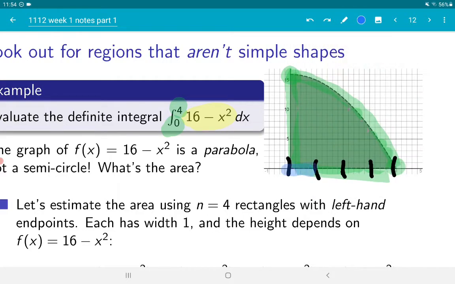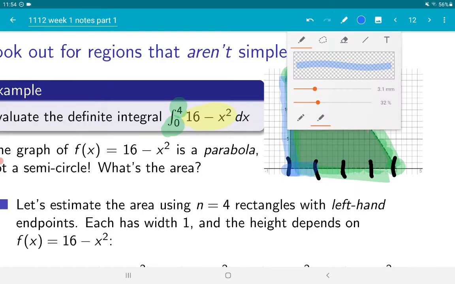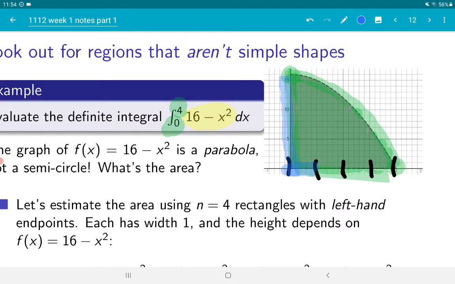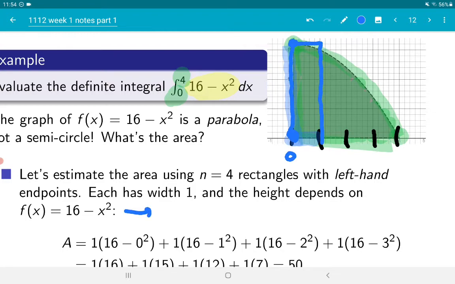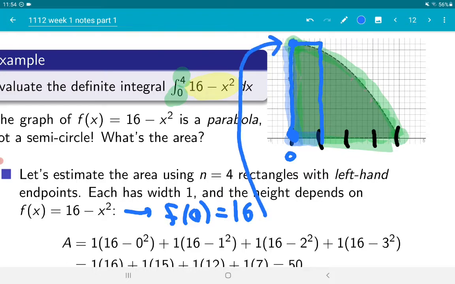So for the first rectangle from 0 to 1, I'm going to base the height on how tall the function is at the left-hand side, which is where x is 0. And that's going to be at a height of 16. Why is that? Well, when f is 16 minus x squared, f of 0 is 16 minus 0 squared, it's just 16. That's why that height right there is 16.